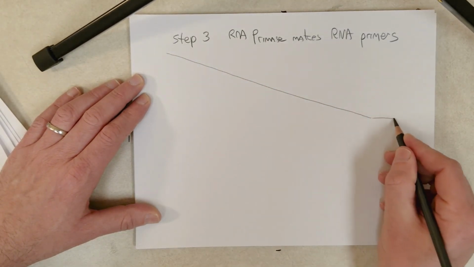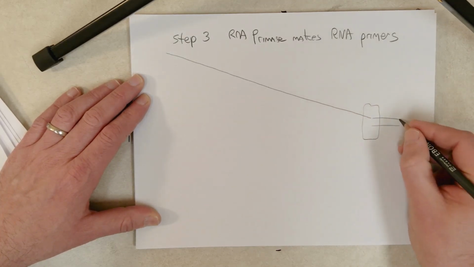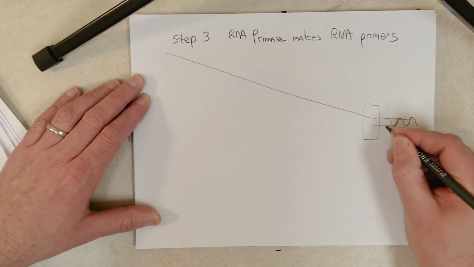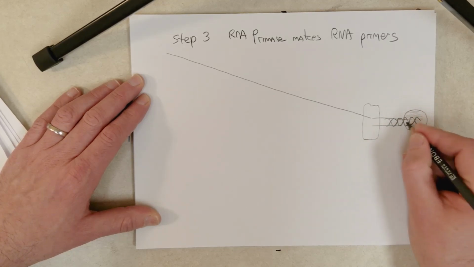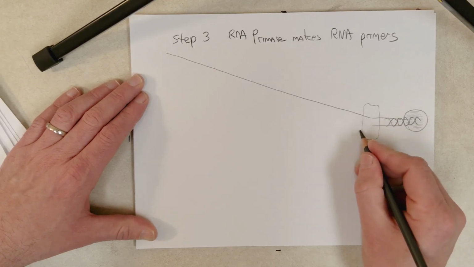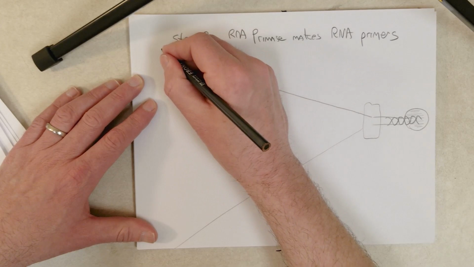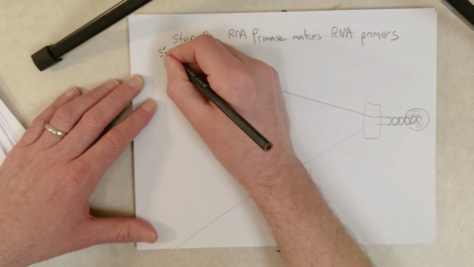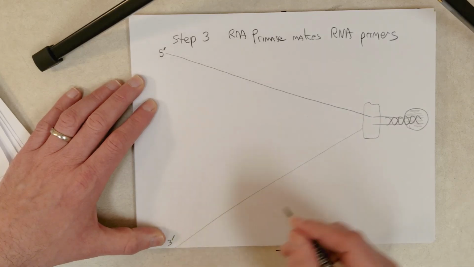Okay, there's the replication fork. Here's the helicase. Here's the wound DNA. Here's gyrase, releasing the tension. Now, let's say this is the 5' end of a DNA strand, and this is the 3' end of this strand.